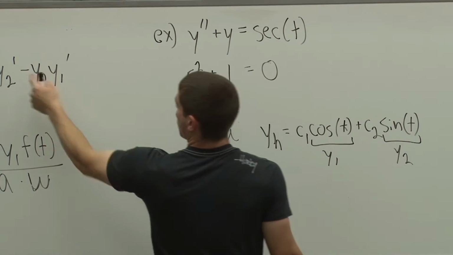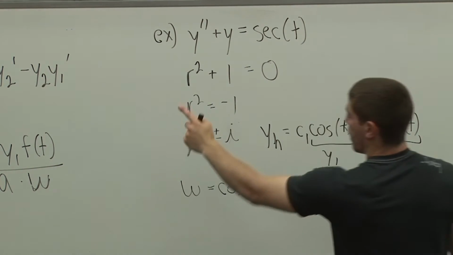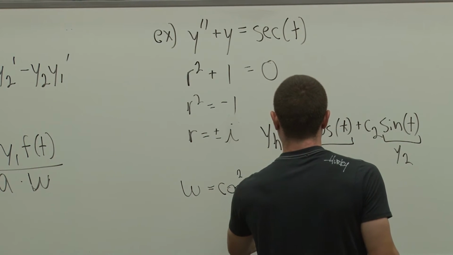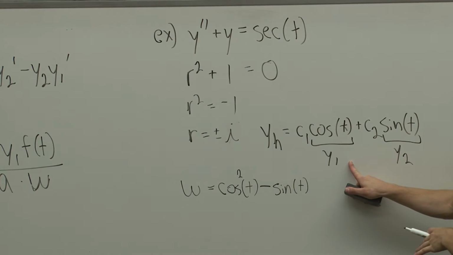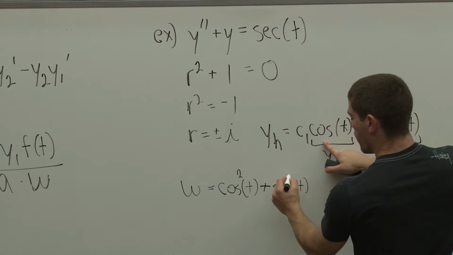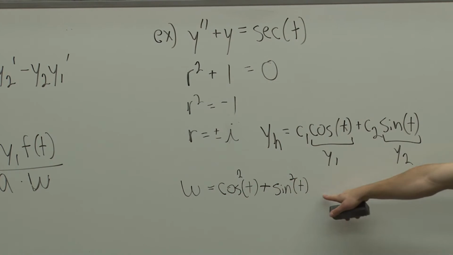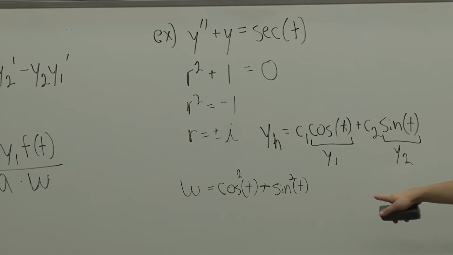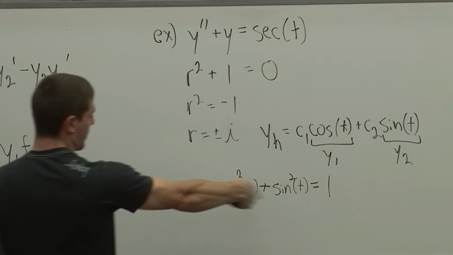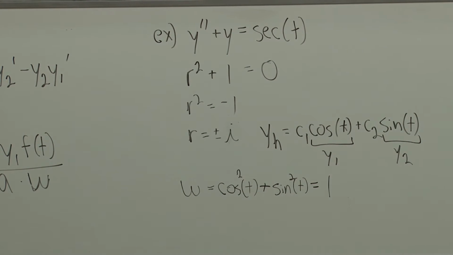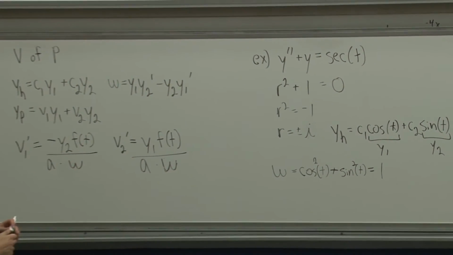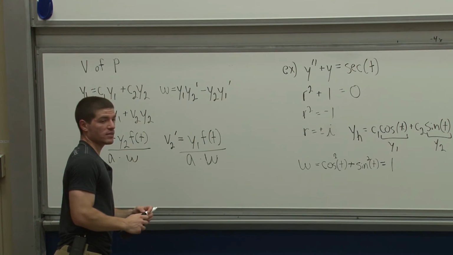Minus y2, which is sine t, times y1 prime, which is negative sine. So watch this. Boom. What's the Wronskian? 1. Good. Because of the super awesome trig identity everybody told you about: cosine squared plus sine squared equals 1. So our Wronskian is equal to 1.